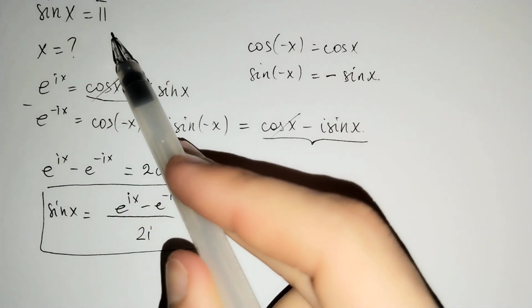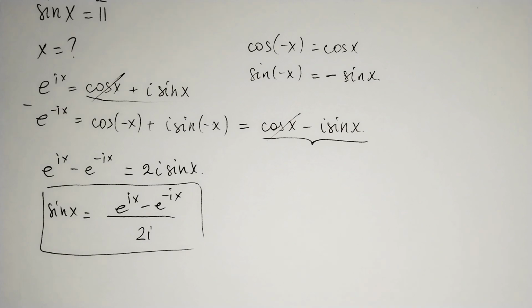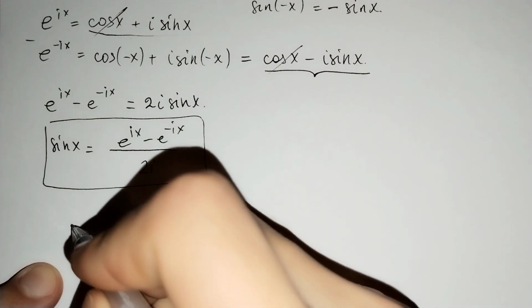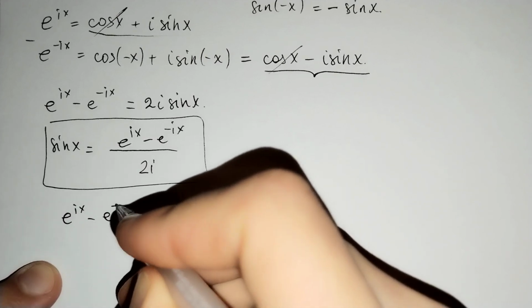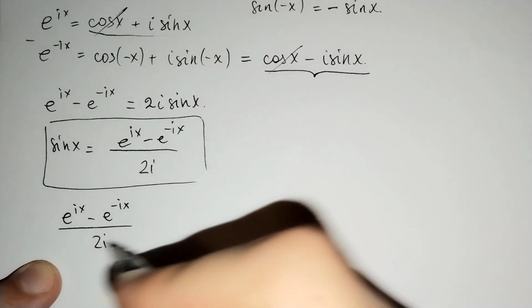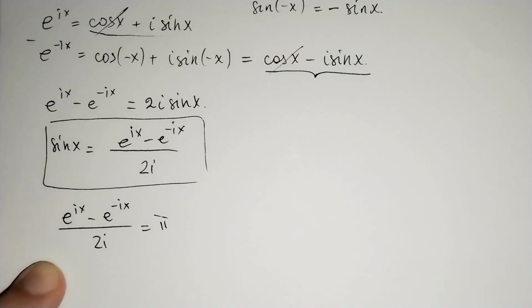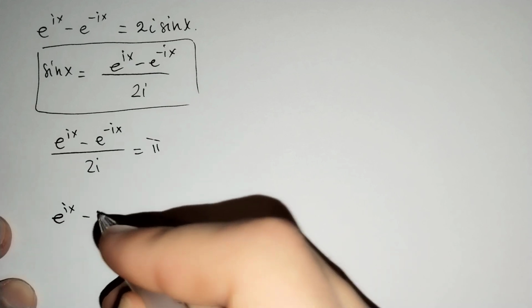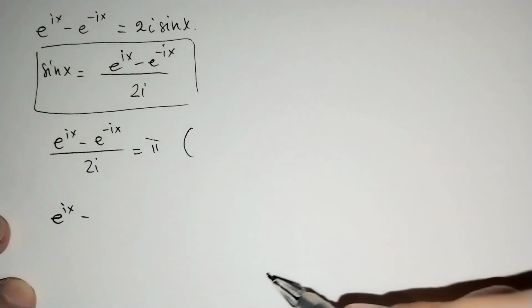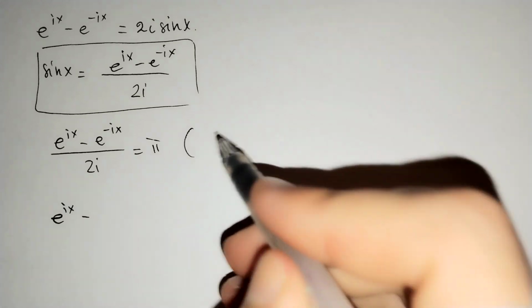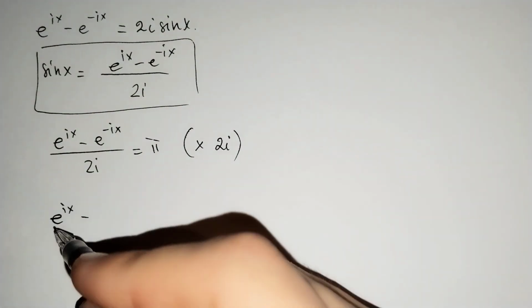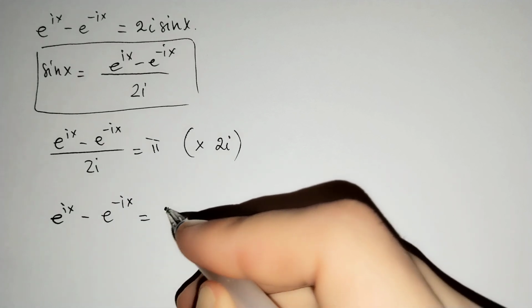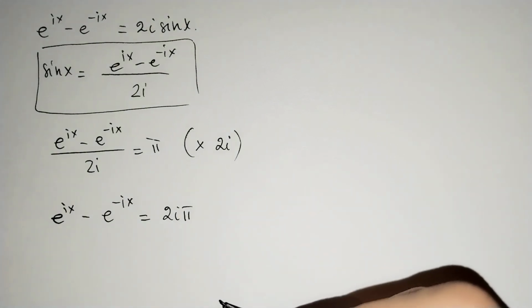In our problem, sin x equals pi, that's why we should write that e power ix minus e power minus ix over 2i equals pi. Then we multiply each side of our equation with 2i. e power ix minus e power minus ix equals 2i pi.